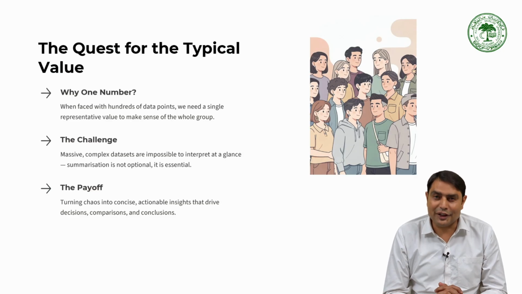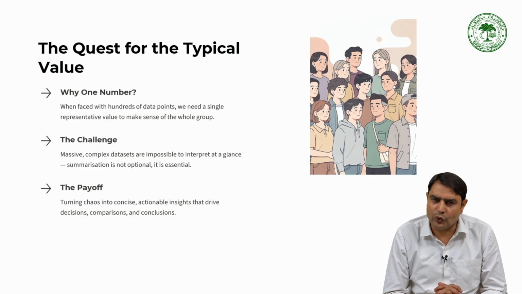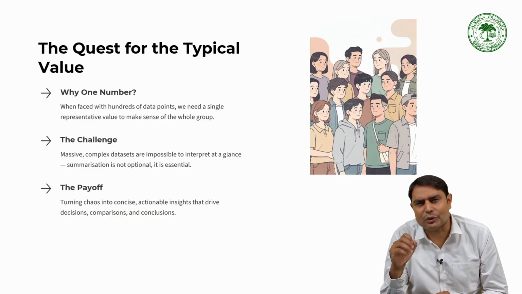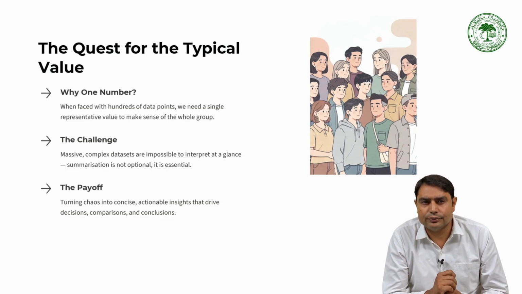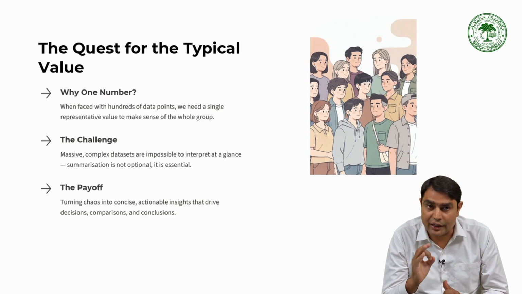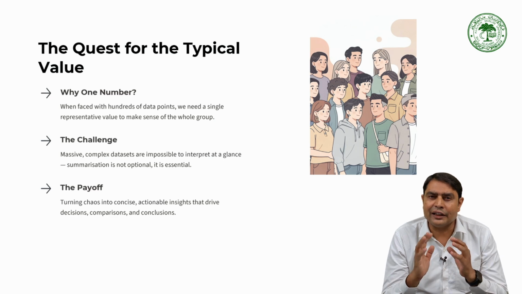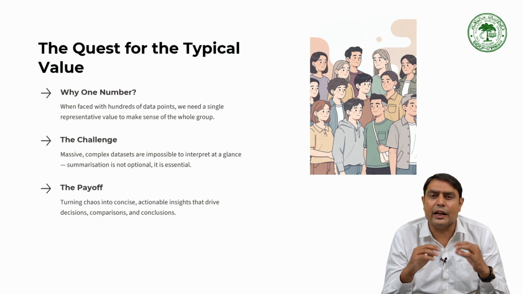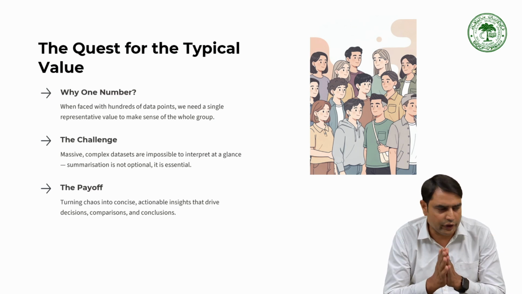The quest for a typical value. Why one number? Let us begin with a simple question. Why do you need one number at all? In real life, data sets contain hundreds, thousands and lakhs of values. We are usually talking about big data.